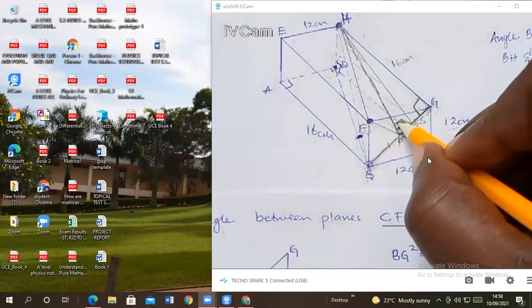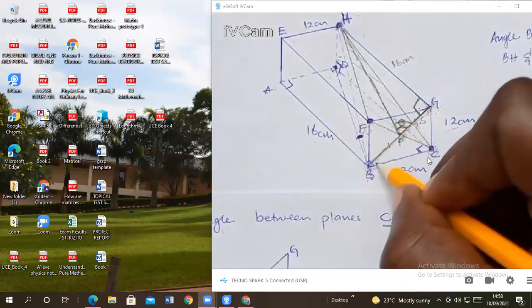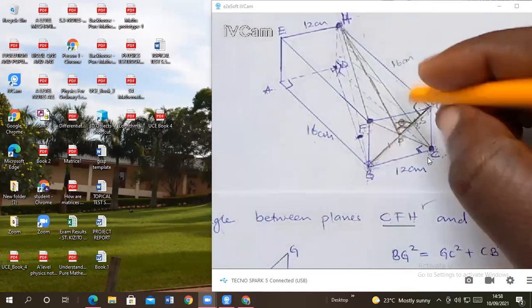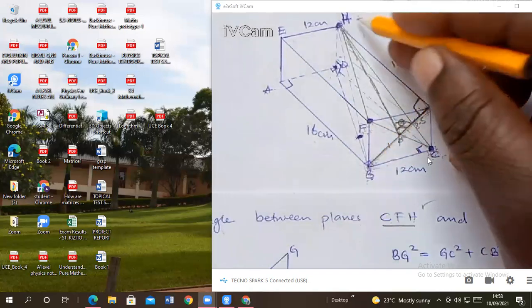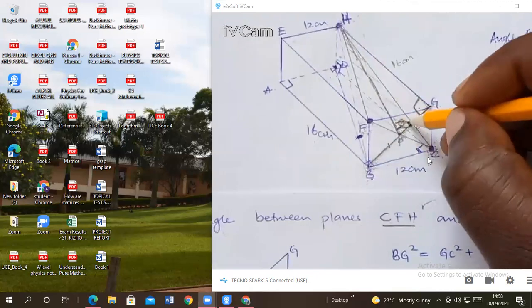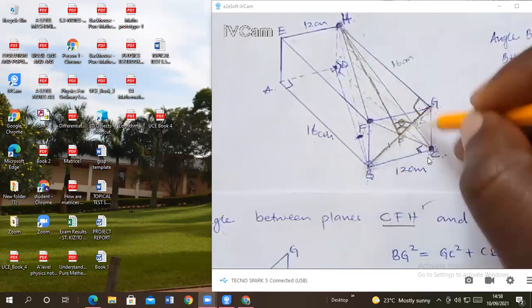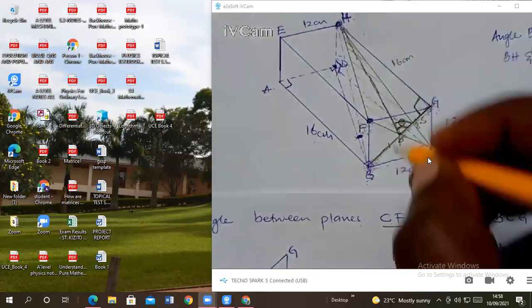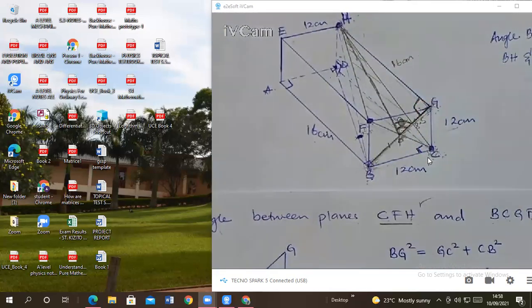So the angle between this line, which is on BCGF, and the other line PH, which is on FCH, is the angle between the planes. Yes. So we have to find that angle theta.